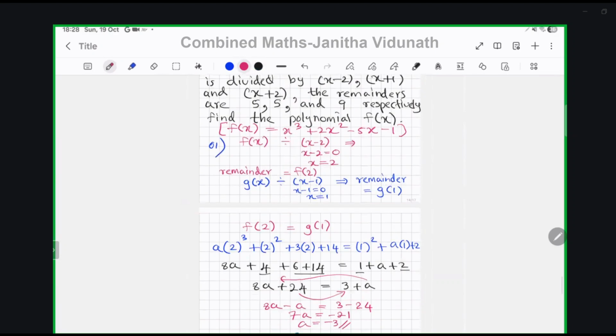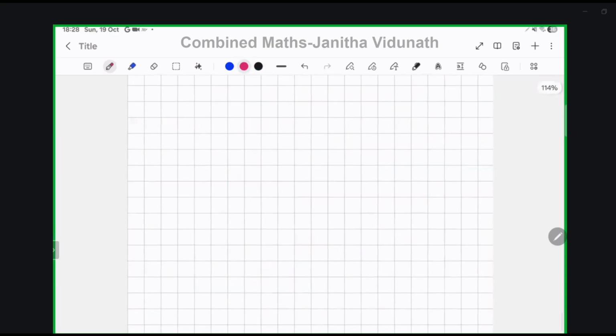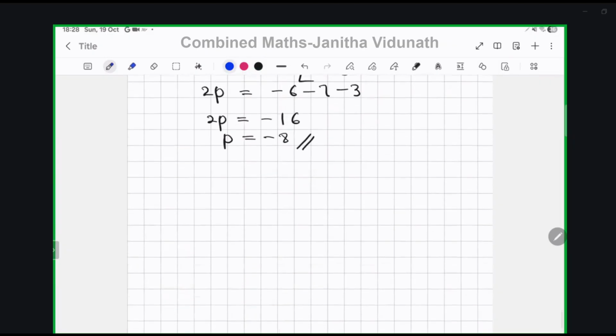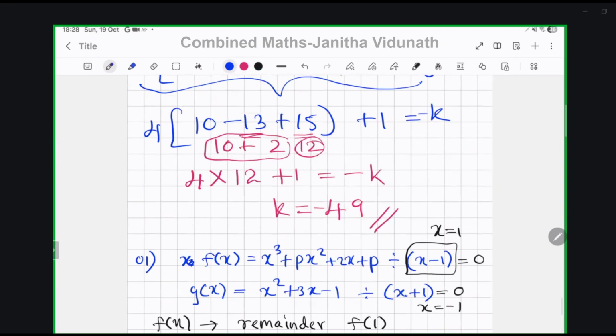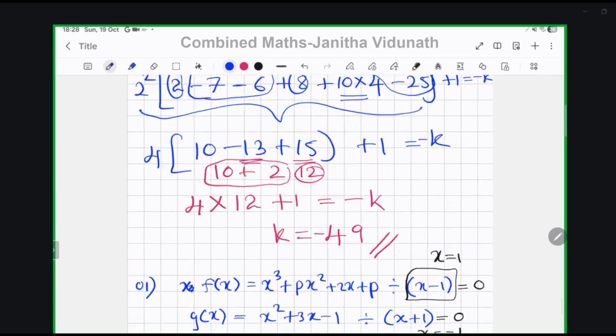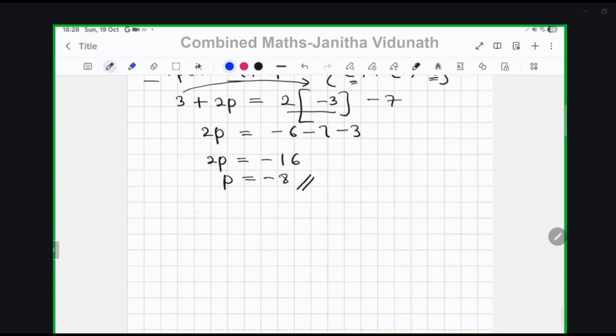Now I am going to explain the second question. Here they have mentioned that f(x) is equal to x to the power 4 plus ax cube plus bx square plus cx plus 1.